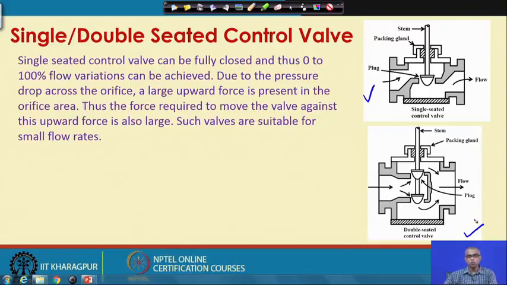Single seated control valve can be fully closed and thus 0 to 100% flow variations can be achieved. Due to the pressure drop across the orifice, a large upward force is present in the orifice area. Thus, the force required to move the valve against this upward force is also large. Therefore, such valves are suitable for small flow rates.